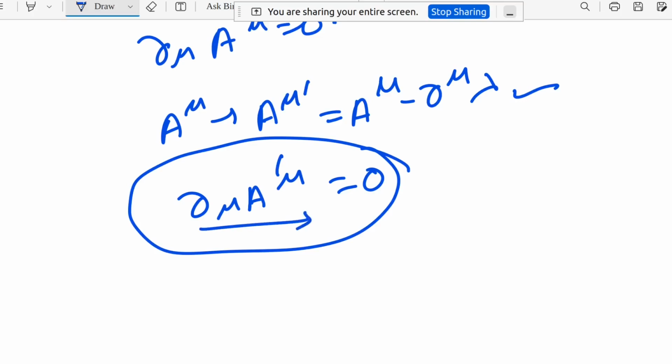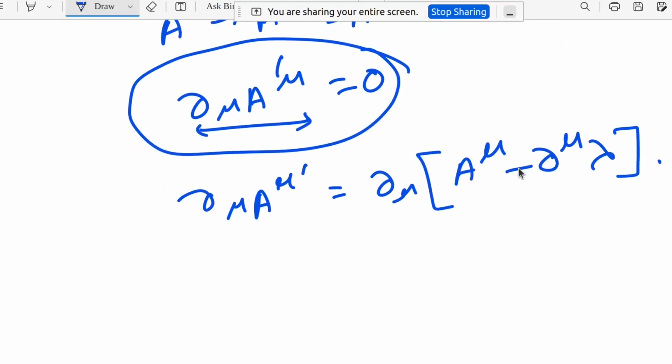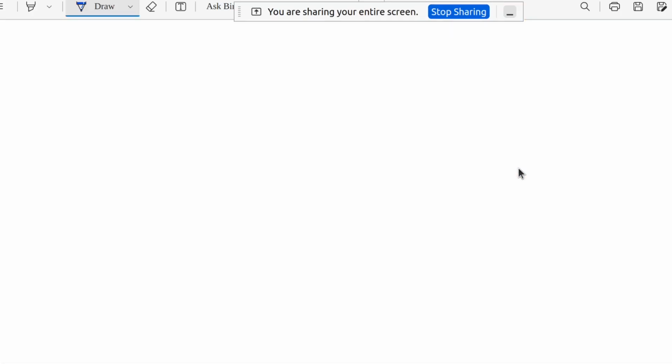At the very first, we will calculate this one. How to calculate A mu prime? Now see, A mu prime is A mu minus del mu lambda. Now I am just going to calculate del mu of A mu minus del mu lambda. Now you can see from that question it was showing that del mu A mu prime should be 0.